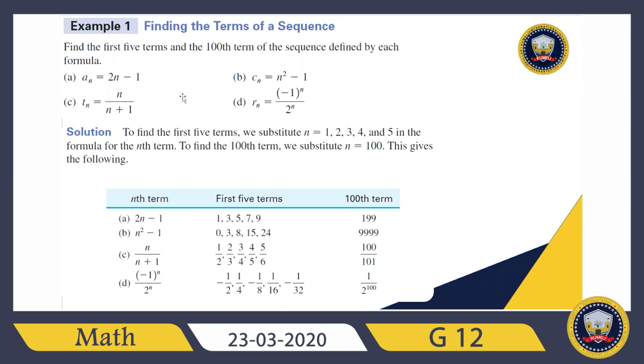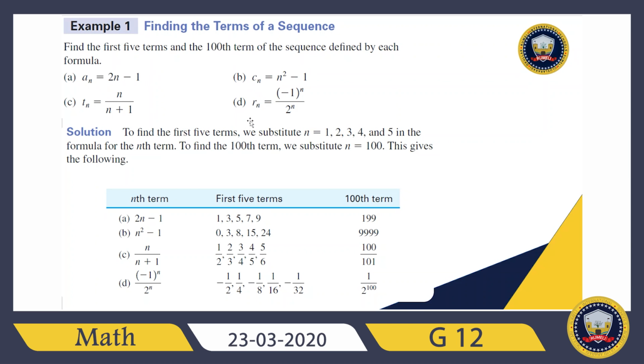Guys, we have to notice that in each one of these formulas we can define the nth term by only n, without any previous terms. So this a_n depends only on n, not on the previous one, which is a_n minus 1. Even in this case we have the same thing: c_n depends only on n, and so on.